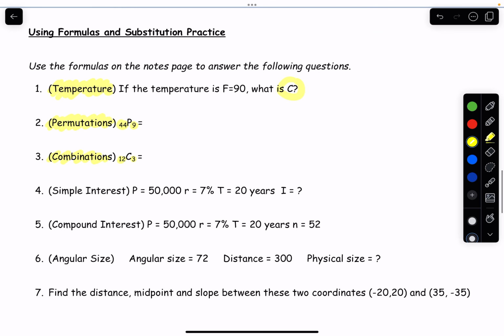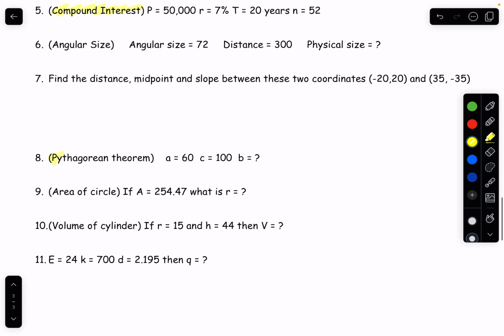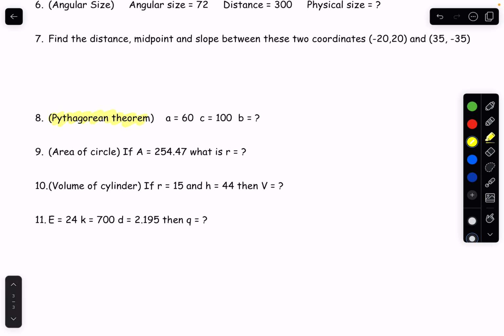Simple interest tells you to use the simple interest formula. Compound interest, use the compound interest formula. You're noticing a pattern, right? Pythagorean theorem, use the Pythagorean theorem formula. So all of these problems tell you which formula to refer to, and you have them on the other side of your paper.